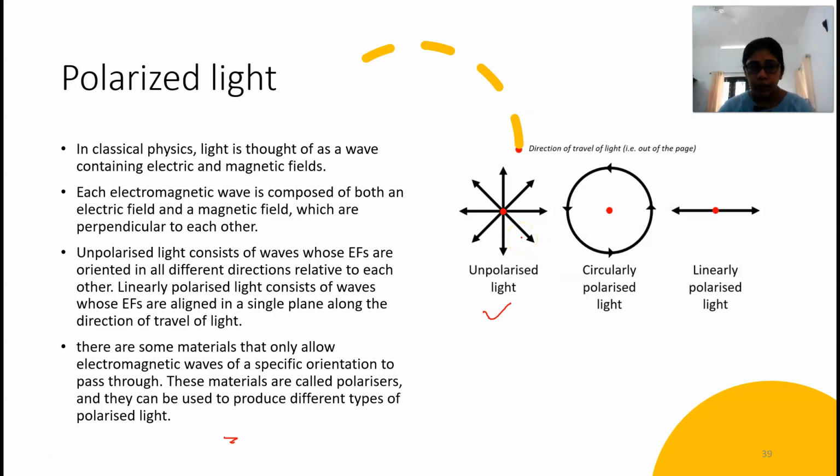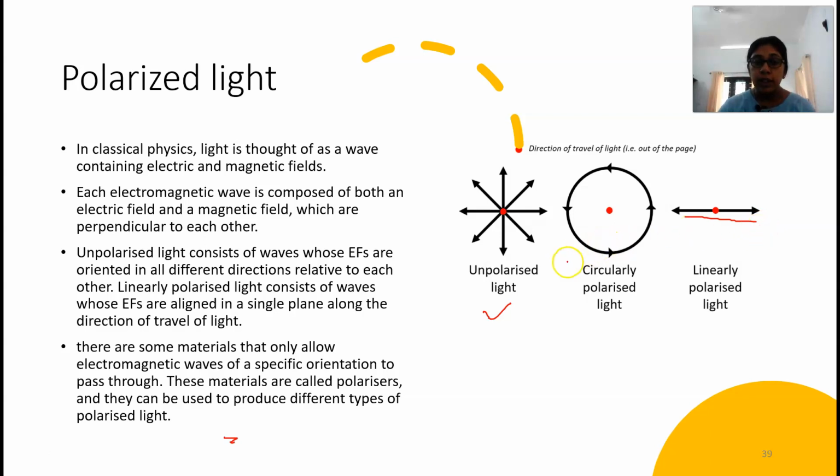Linearly polarized light consists of waves whose electric fields are aligned in a single plane. So initially this is a schematic representation, and going from unpolarized to linearly polarized light, the electric fields will be aligned in a single plane, along the direction perpendicular to the direction of travel of the light.